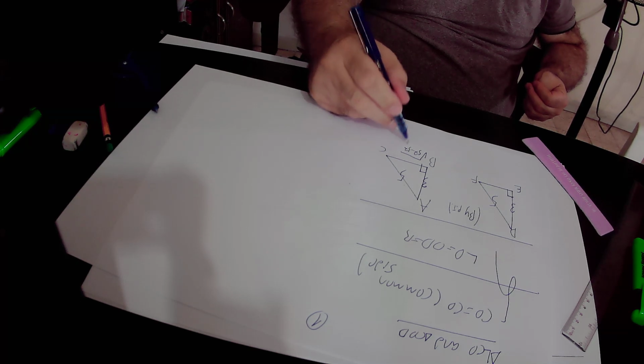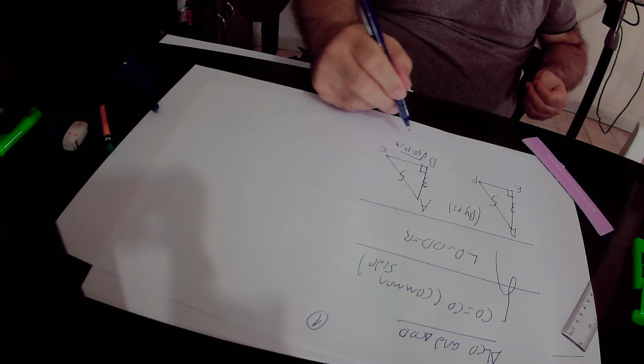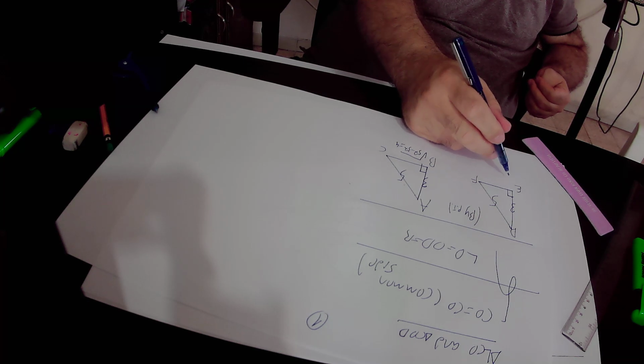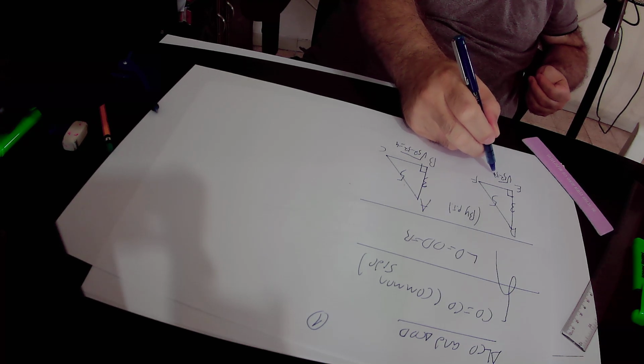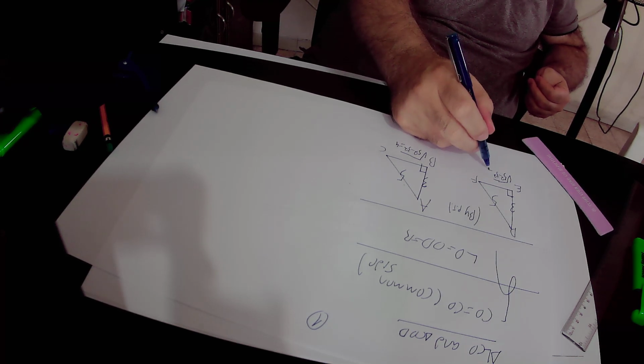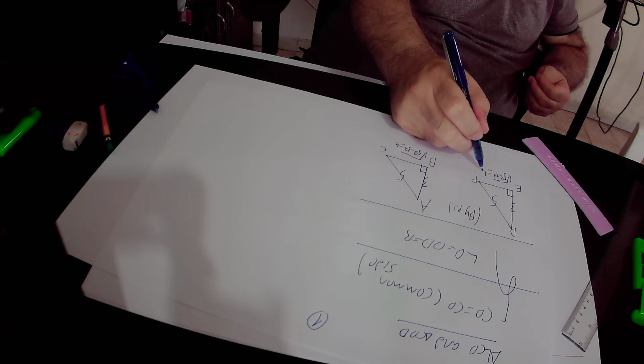The square root of 16 is 4. And also, this side EF will be equal to the square root of 5 squared minus 3 squared.